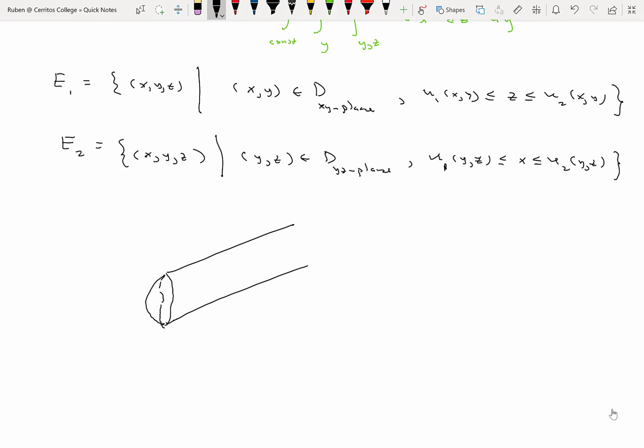So this is sort of a pipe, kind of weird looking, but this is sort of a pipe. Here's the surface in back. Here's the projection of the surface in the YZ plane.